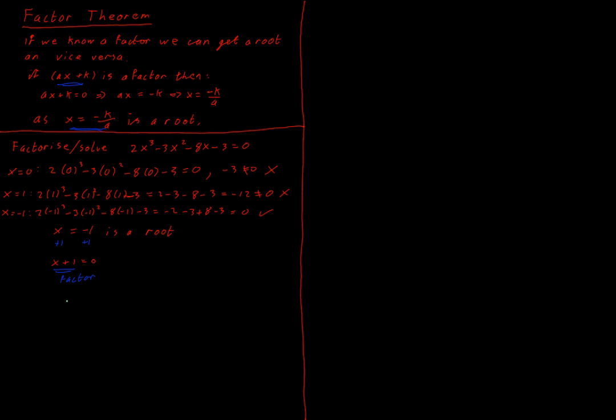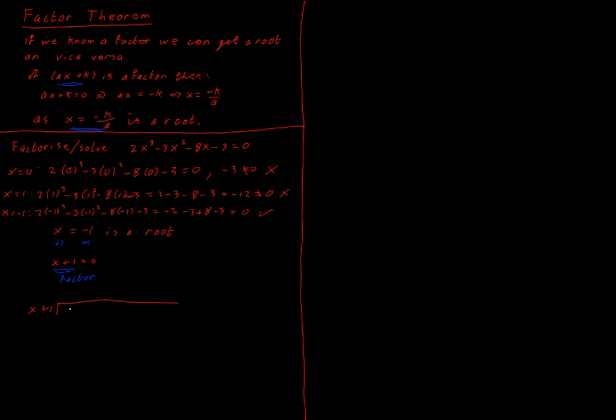Now, once we've gotten to that point, there are two ways that we can go from here. We could use long division, or we could use our factorizing method. And I'm going to show you both. So we're going to start off with long division, and we have x plus 1 is a factor. We know this for a fact.